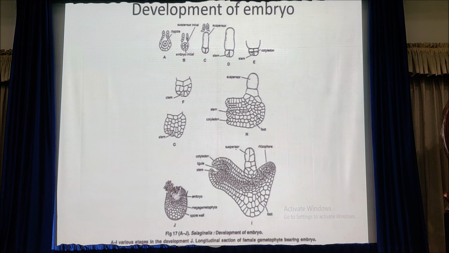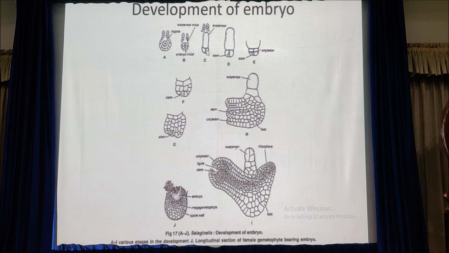Then development of the embryo. The diploid zygote is the first cell of the next sporophytic generation. It divides transversely to form an upper suspensor cell and a lower embryonic cell. The upper suspensor cell undergoes further division and redivision to form a multicellular suspensor that pushes the developing embryo deep into the female gametophyte.